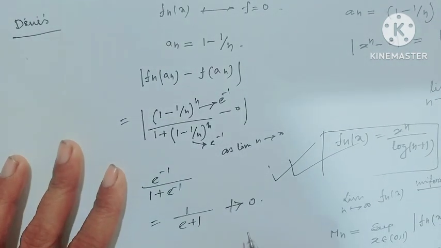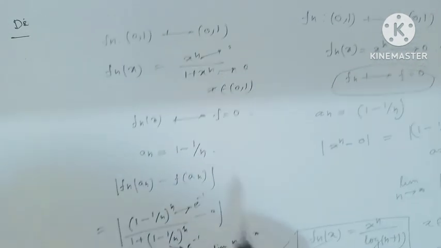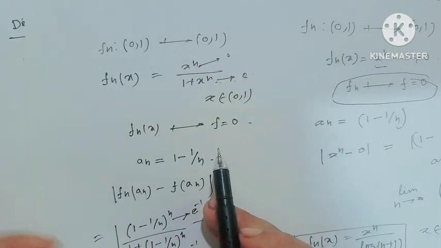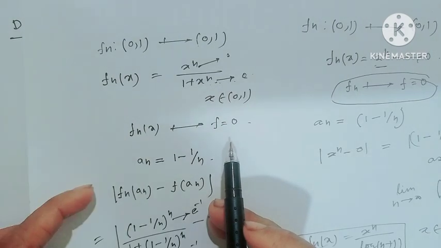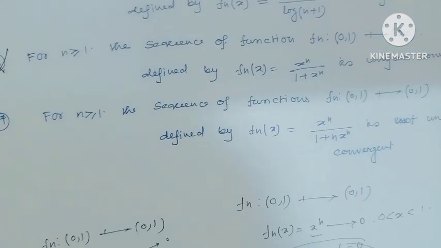So we can tell this sequence of functions is pointwise convergent but does not converge uniformly. So option 3 is also a wrong option.